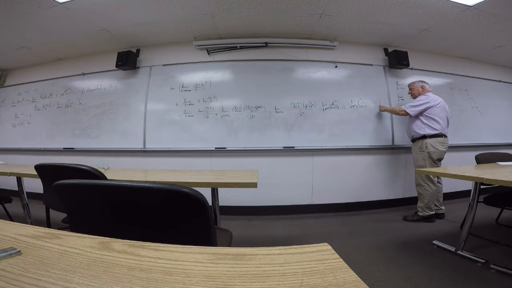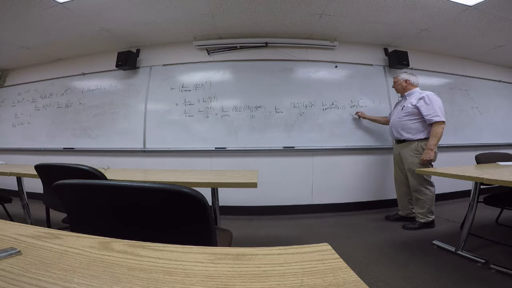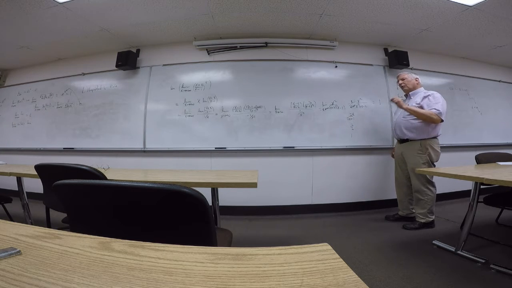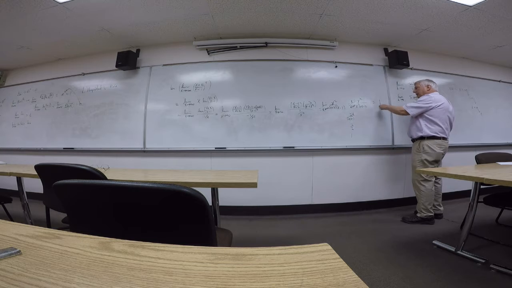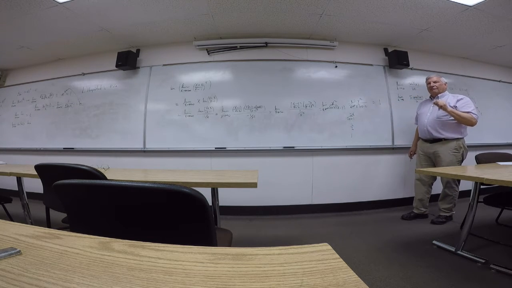But if you didn't recognize that, we do this twice more. 2x over 2x plus 1, 2 over 2, finally gets us down to 1. Remember, this is the natural logarithm. This is the natural logarithm of the function we're looking for.